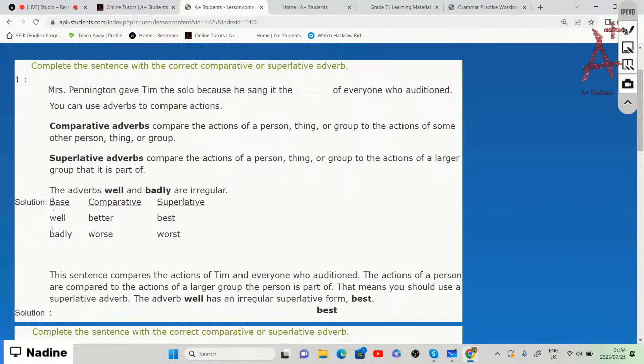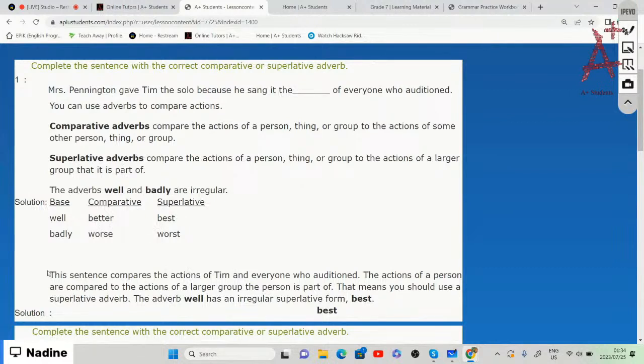So I am well, but now I am better, or I am better than what I was earlier. So from well, if we compare that, then I can say I'm better. And superlative, comparing it to a larger group that it is part of, we can say best. So it's going to be well, better, best.